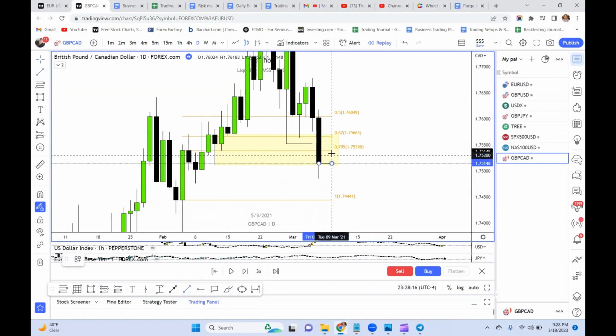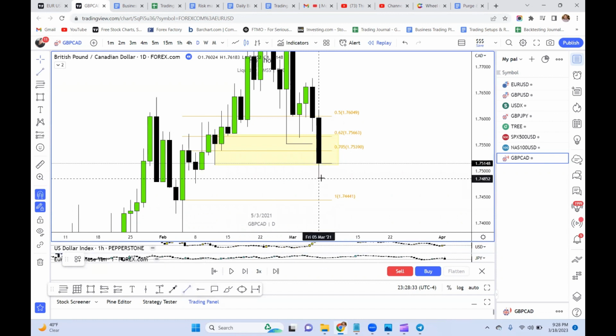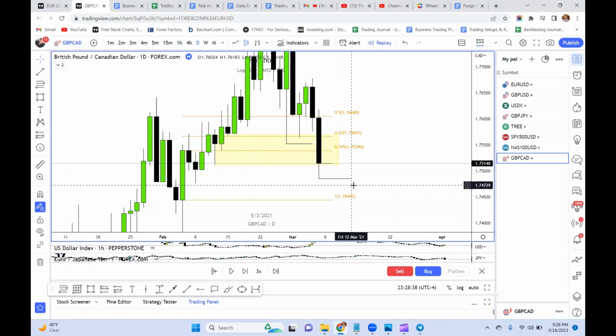Price can open, Judas swing, manipulate up, create that swing high where it'll accumulate some shorts, sell off, and take out this low, and it'll distribute out of those shorts there.